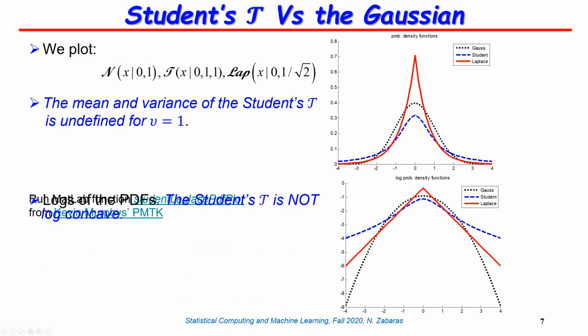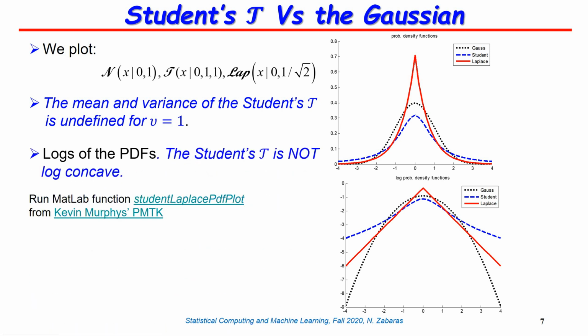So in conclusion, the student T distribution is not log concave, and I know some may start wondering who cares and why is this important. The only thing I'm going to say right now is remember the way we define the parameters of distributions before.